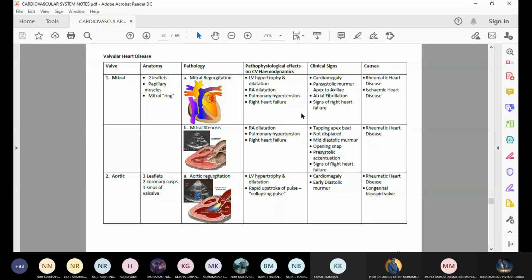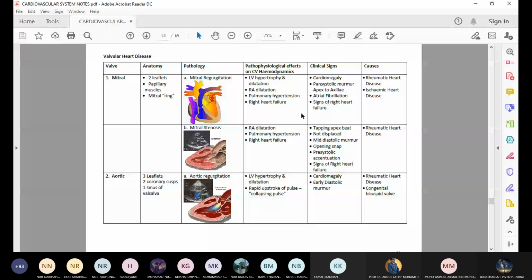So the next we want to discuss is mitral stenosis. Mitral stenosis is when the mitral valve becomes narrow and blood cannot pass through fully from the left atrium into the left ventricle. Okay.